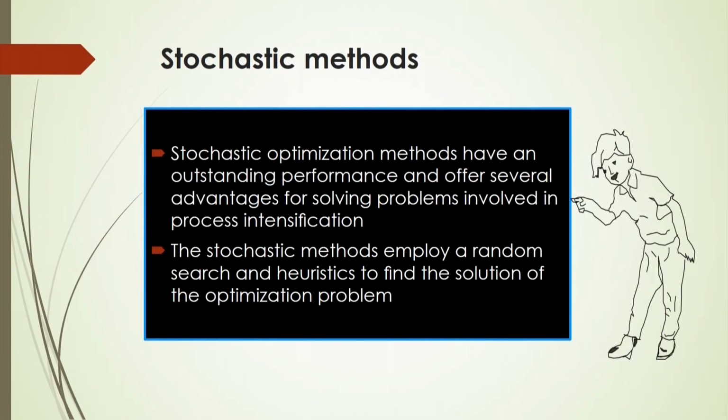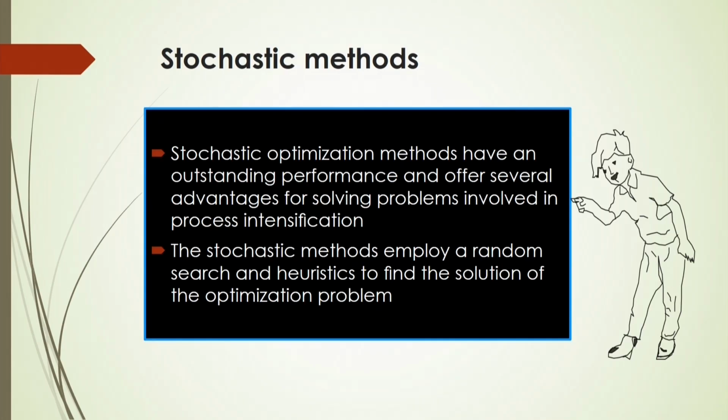Whereas stochastic methods have an outstanding performance and offer several advantages for solving problems involved in process intensification. In this case, the methods employ a random search and heuristics to find the solution of the optimization problem.